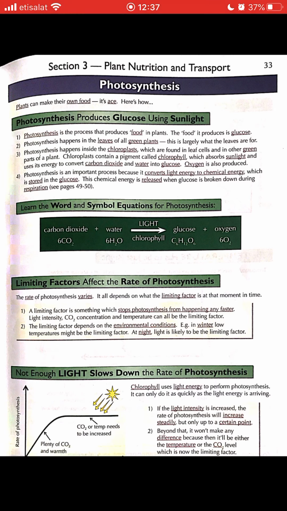As soon as your line flattens out, light intensity is no longer a limiting factor, because we're carrying on increasing light intensity, but the rate of photosynthesis isn't changing. So the second that line plateaus, light intensity is not the limiting factor, something else is, and that something else is going to be the carbon dioxide or the temperature. You won't know which, but it's going to be one of those two.